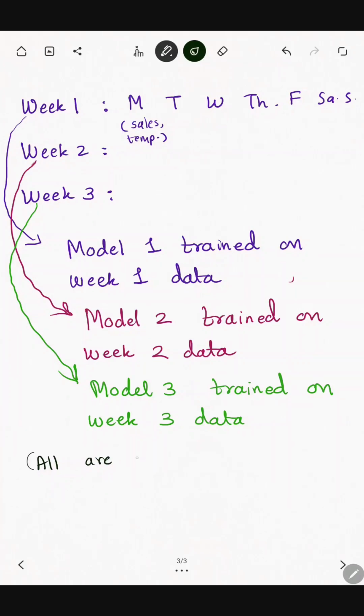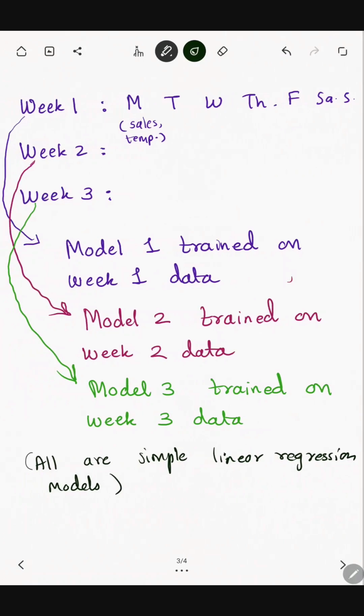Okay. Now, assume that we are testing it on the fourth week. For one particular temperature, let's say X equal to 33, we find the prediction of sales as per the model fitted on week 1 to be 8.9 thousand, that is 8,900 rupees.